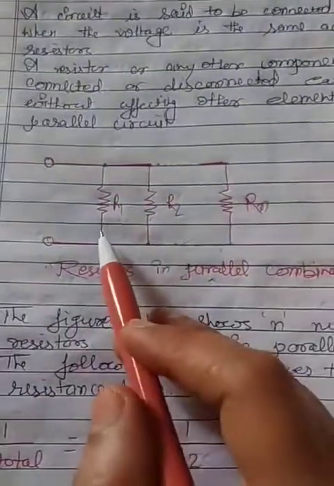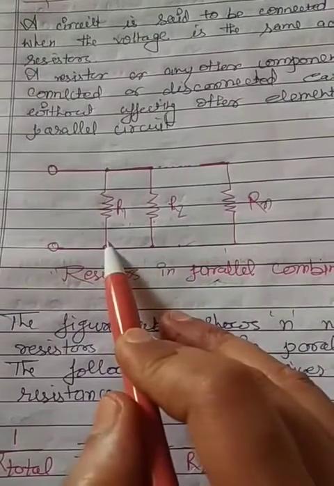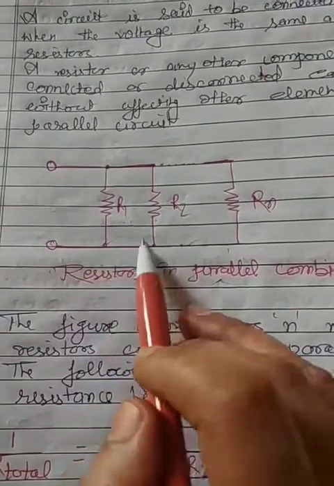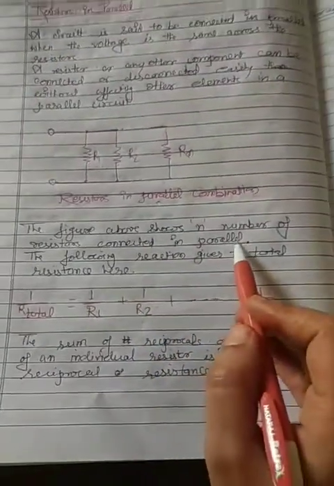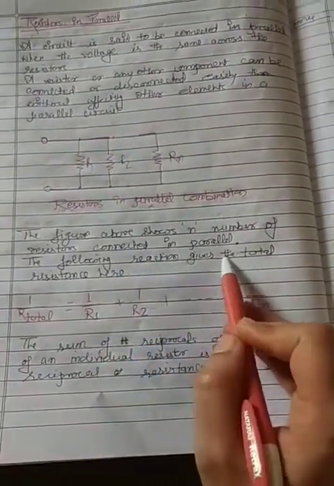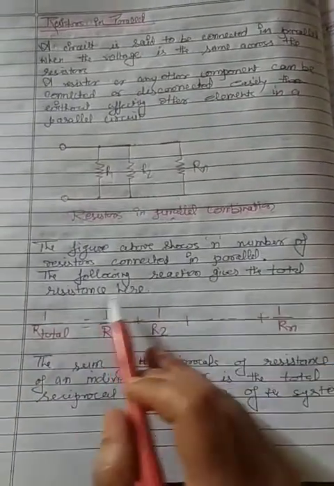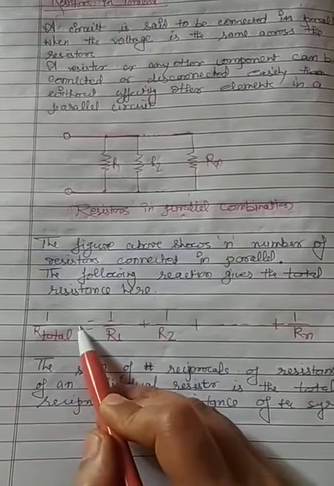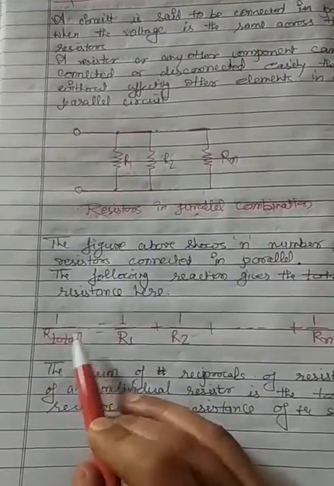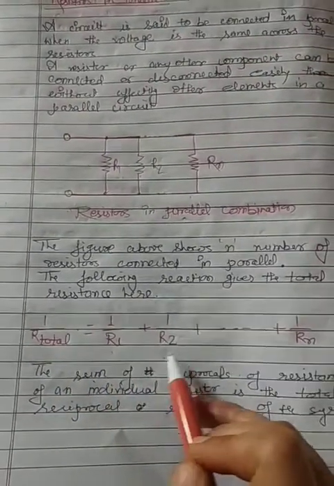And in a parallel circuit, current is split into several paths. Now the figure above shows a number of resistors connected in parallel. The following relation gives the total resistance here. So for the parallel resistance, 1 upon R total equals 1 upon R1 plus 1 upon R2 and so on.